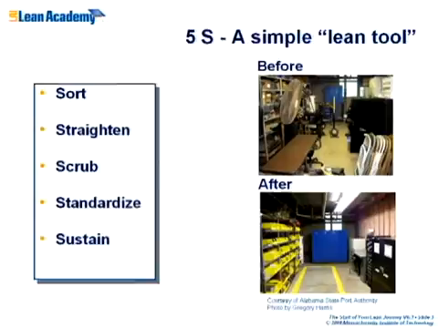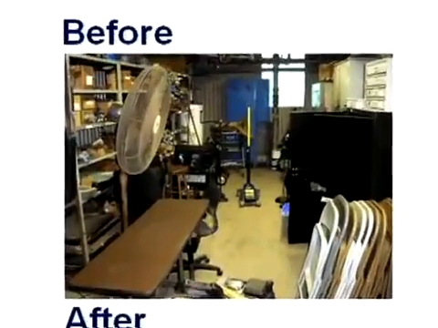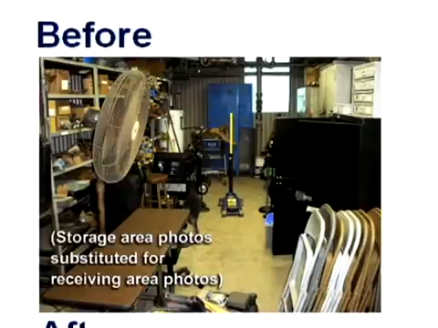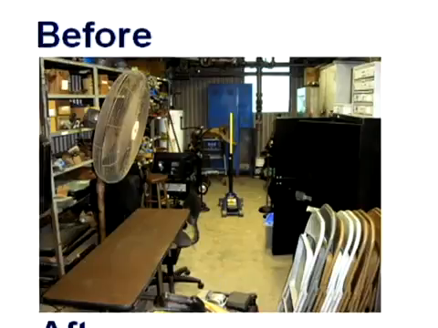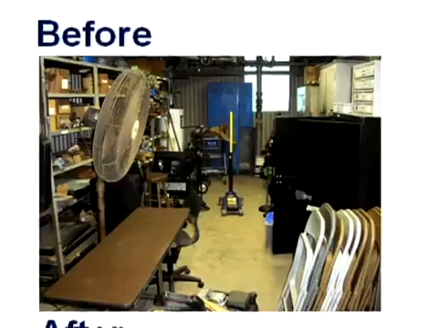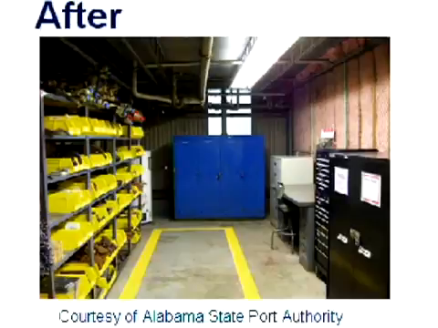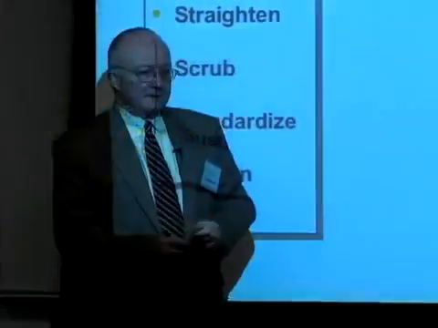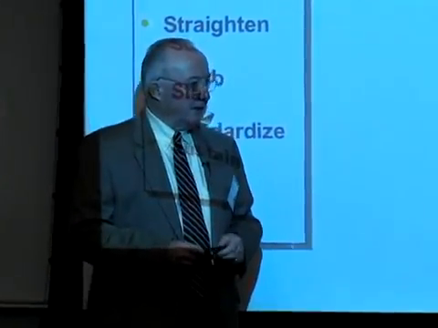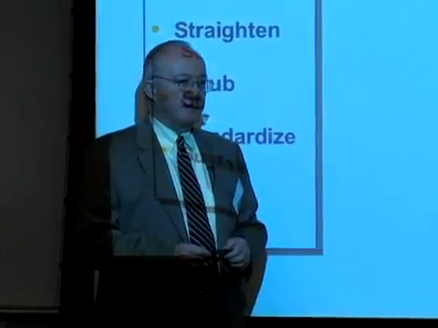And I'm not sure you can see this, but this is a typical factory sorting area, receiving inspection, where the parts come in and they get sorted and inspected. And this is before, and if you can see that right now, there's a place for everything, and everything's in its place. And it has a huge impact on the ability to get the job done efficiently.